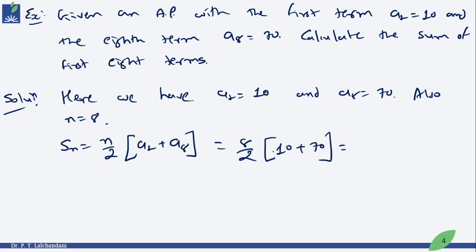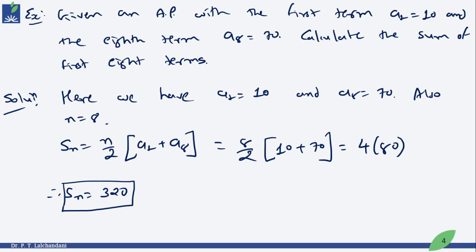Let us simplify. 70 plus 10 is 80, and 8 by 2 is 4. Therefore Sn is equal to 320, right? This is the sum of first n terms of an arithmetic progression whose first term is 10 and the eighth term is 70.